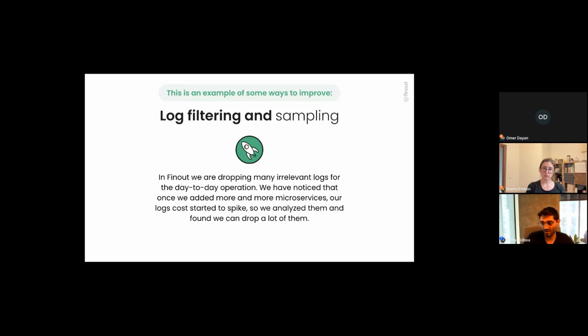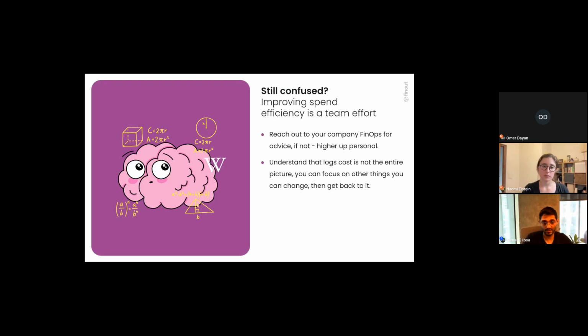And thanks to our observability layer that we built to analyze which logs are redundant, we decided we can just drop all of them. And applying these two methods saved us quite a bit of money.